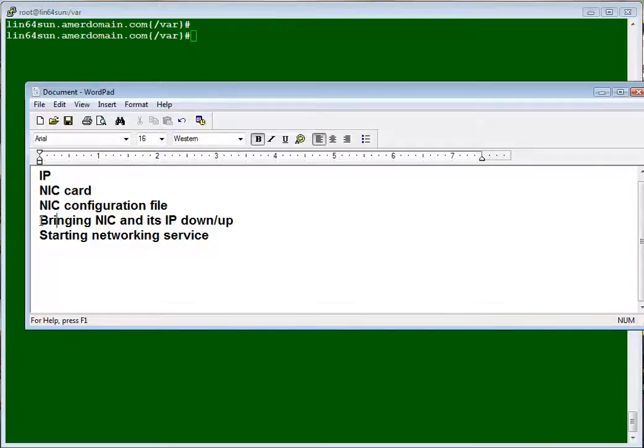And there are some commands to bring the network card and its corresponding IP up and down. Then starting the networking services is again another command. So let's talk more on this.